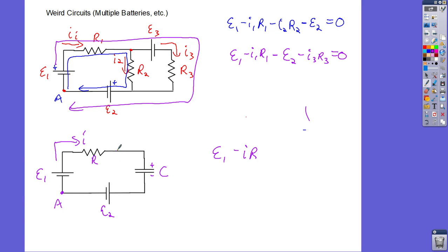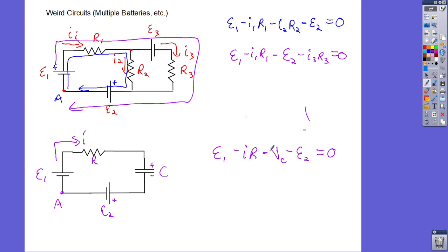And then looking at this, if you go from positive to negative, that's also going to be a minus. So we're going to have minus the voltage drop across C. And then we're going to have another minus here from E2.